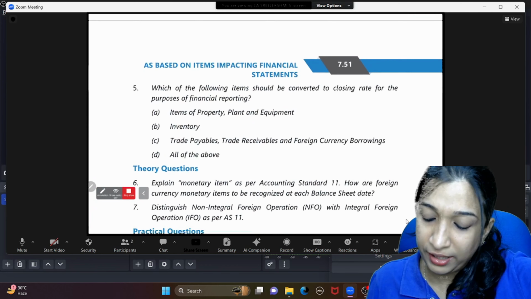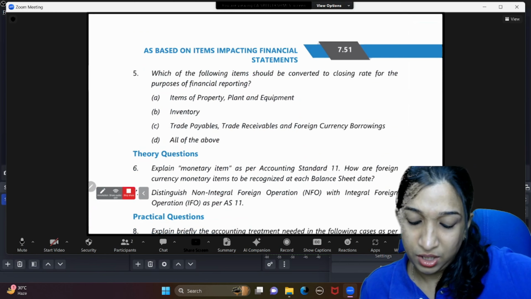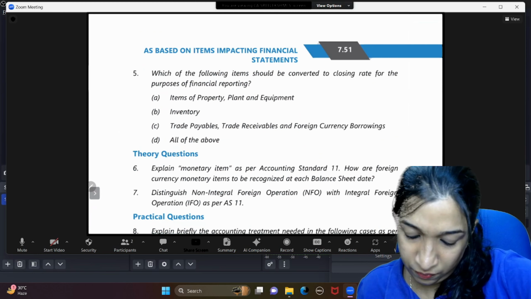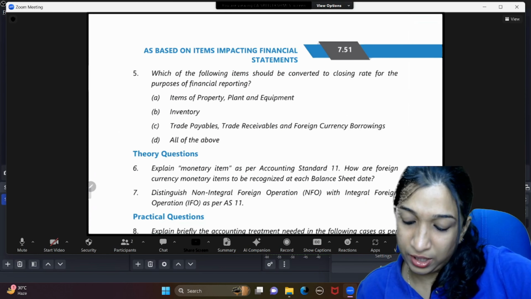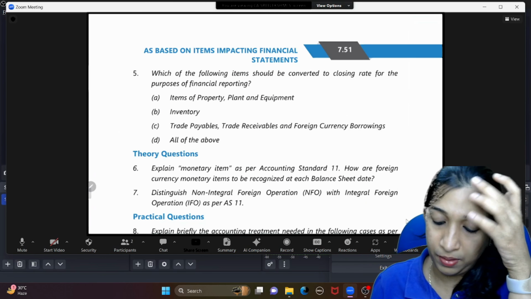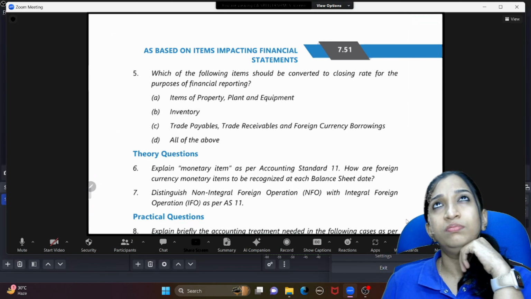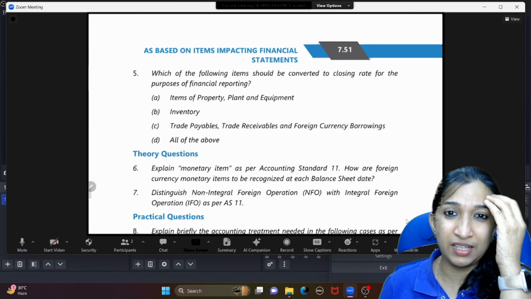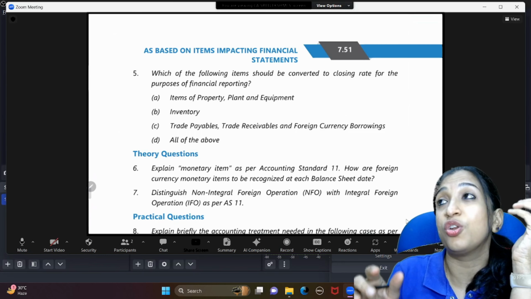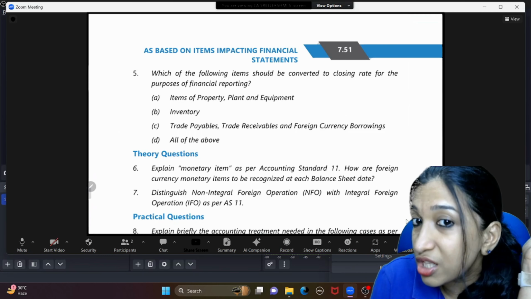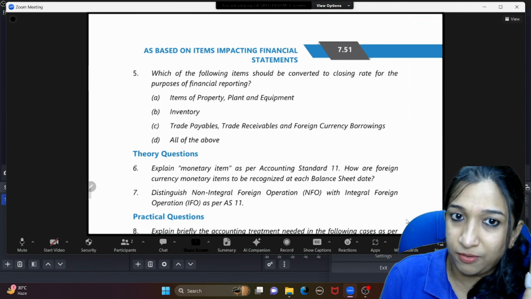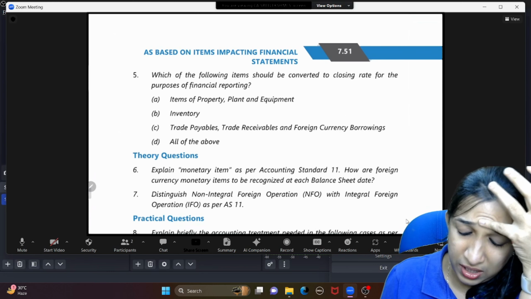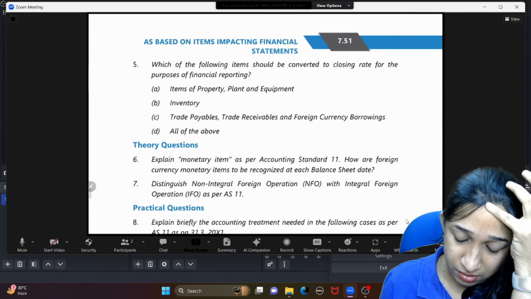Then which of the following items should be converted at the closing rate for the purpose of financial reporting? PP, inventory, trade payables, trade receivables, foreign currency borrowings, all of the above. It's not about translation. It's in the financial statements. There is no information regarding it being a foreign branch or foreign operation. So PP, no. Inventory, no. Trade payables, trade receivables.